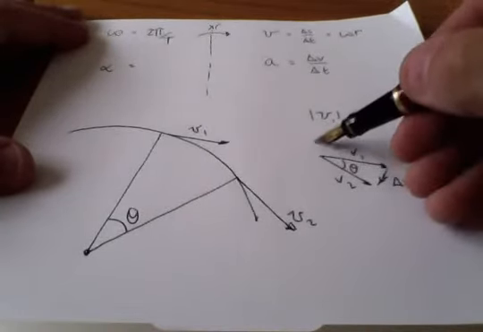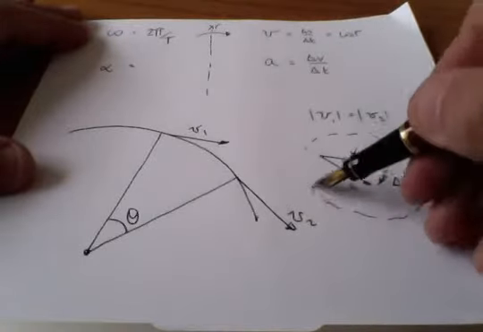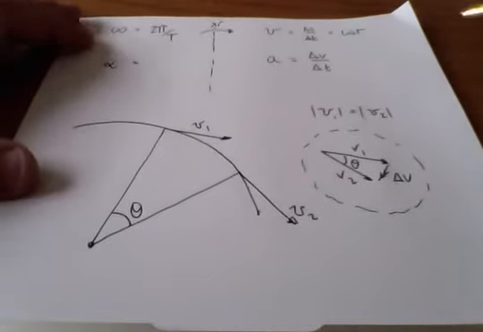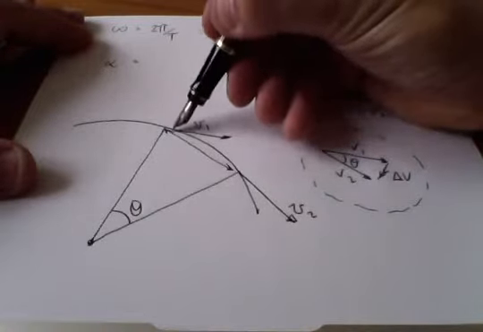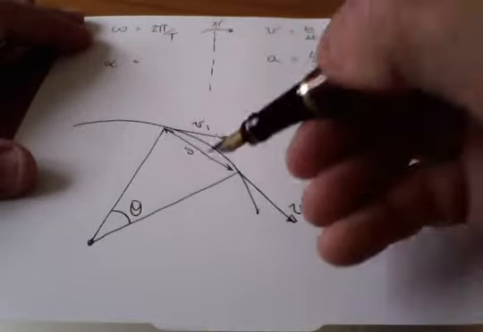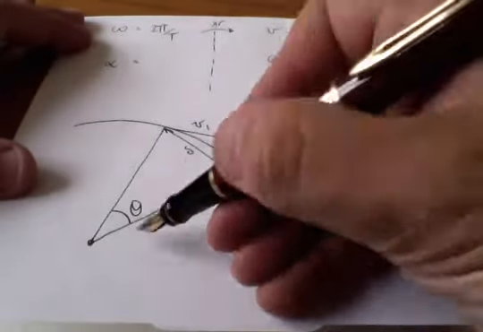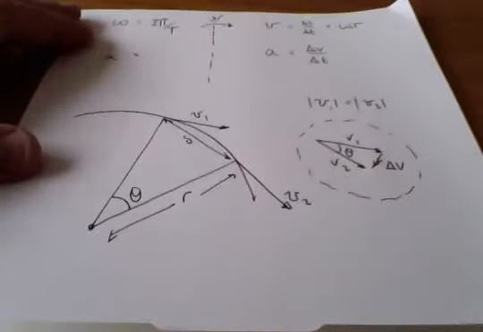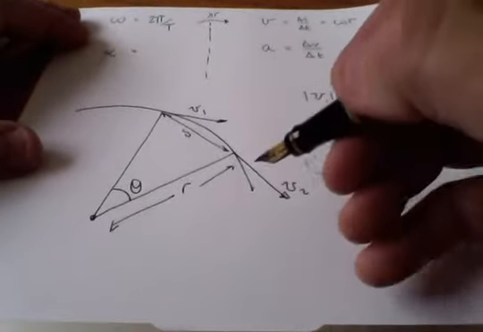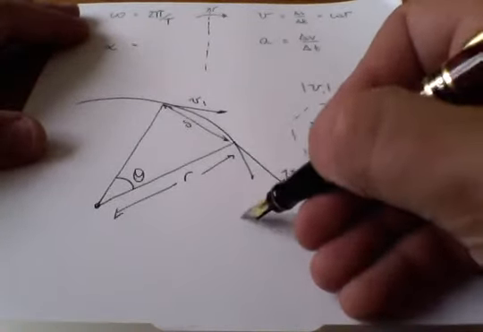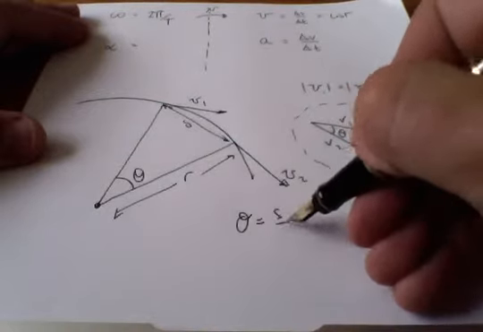So this is a sense of velocities. And now what we need to do is work out what's the actual distance going on here? What's this distance s if this is of length r from the centre? And what we can say to ourselves is, actually this is the simple circle formula, theta is s over r.